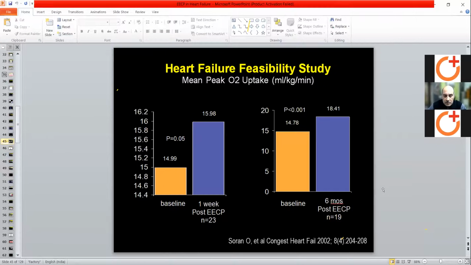This is the data I'm copying from Sorano et al., which suggests that the exercise tolerance improves. We have done it in the 6-minute hall walk test. They have also done VO2 max, which has shown substantial improvement after counterpulsation at 1 week and also at 6 months.